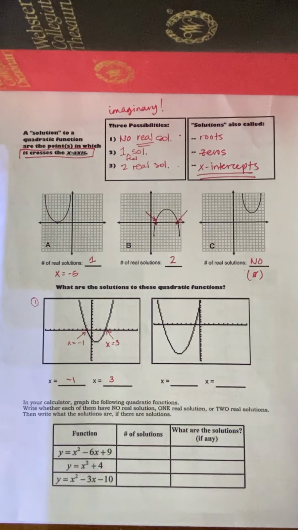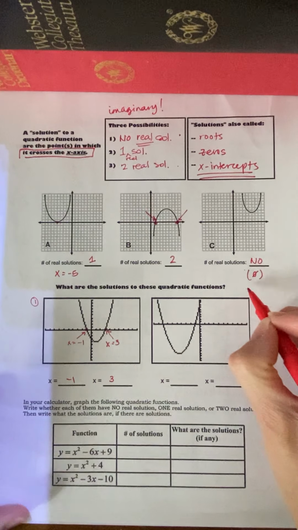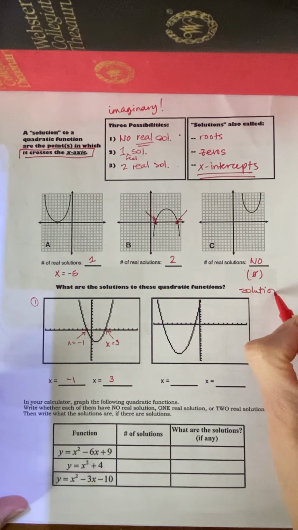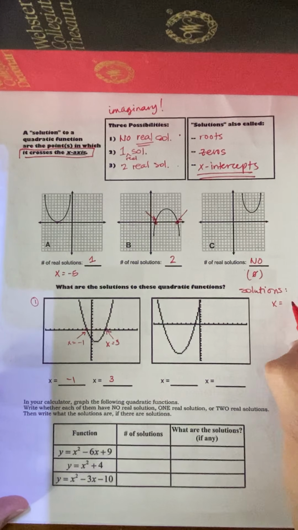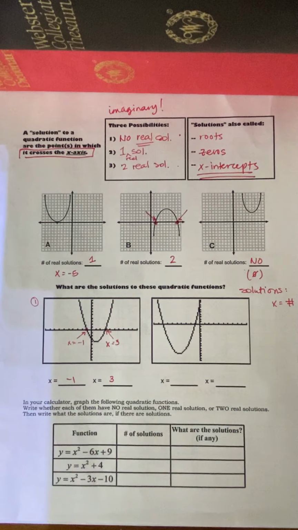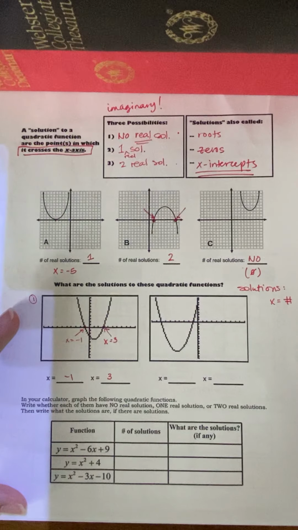And every time you find a solution to a quadratic function, whether you do it by graphing or square roots or factoring or quadratic formula, which we've done all of those except quadratic formula, but we're going to review all of them at some point in the next couple of weeks, you want to write it as x equals a number, because again, it's where it crosses the x-axis, so that's your solution.